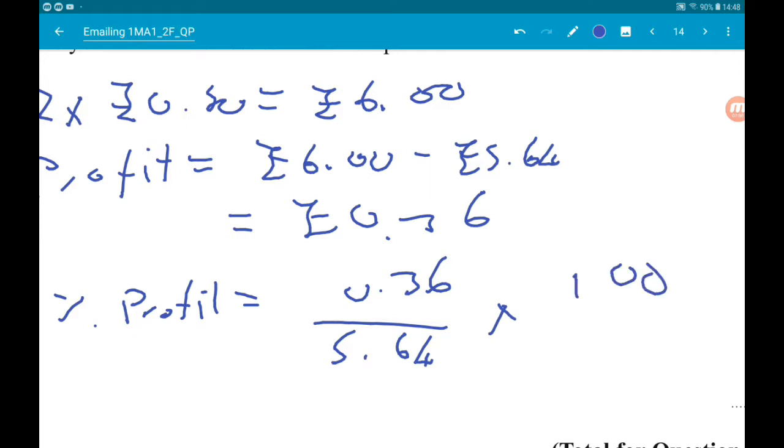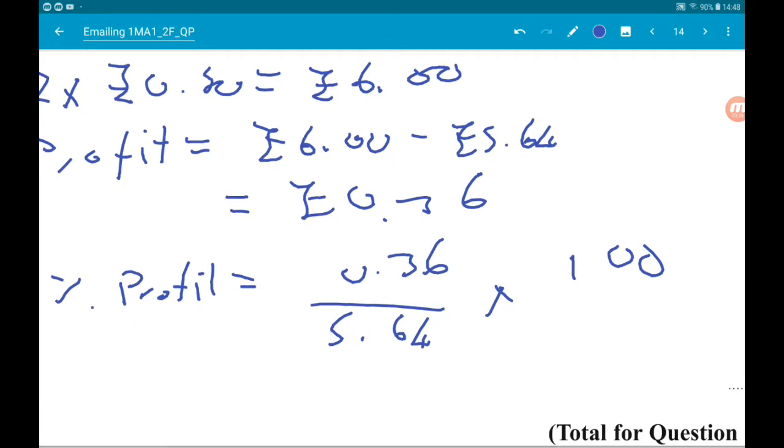So that gives us, to 1 decimal place, 6.38 and so on. So 3 is the first decimal, it's got an 8 after it, so that's going to round up to 4. So it's 6.4%.